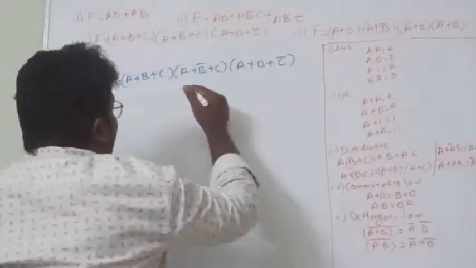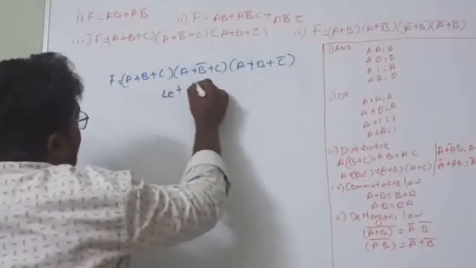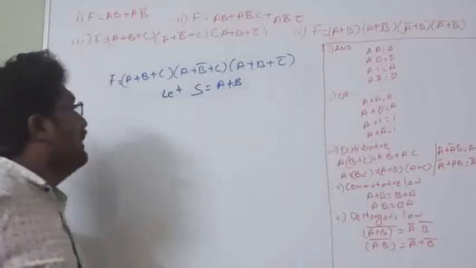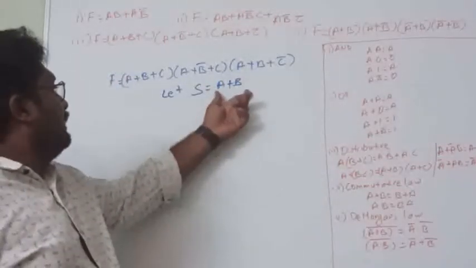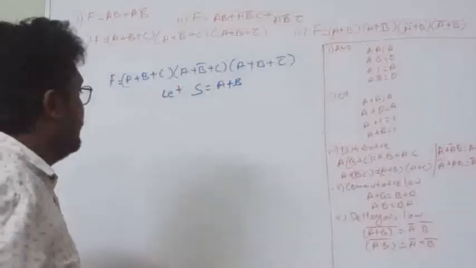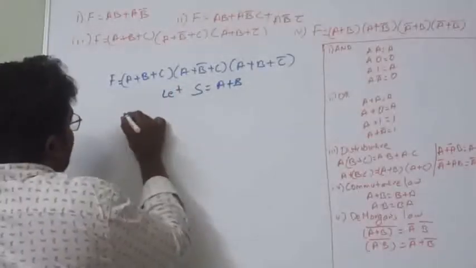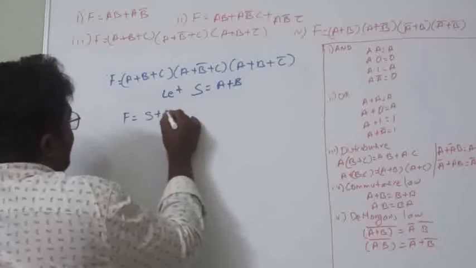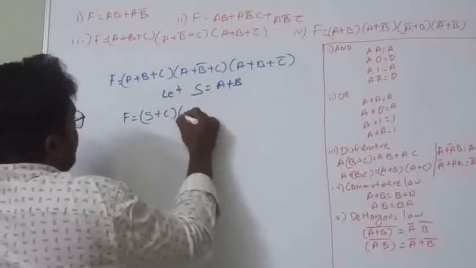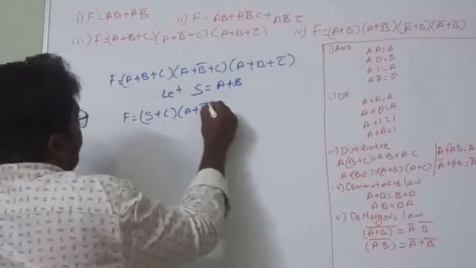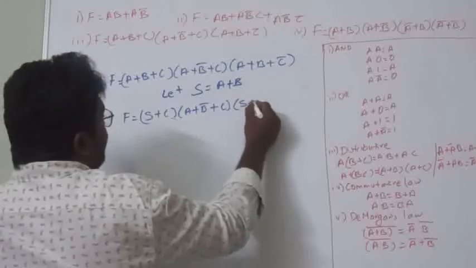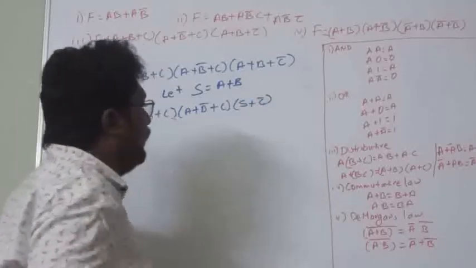So now I am representing this. Let S is equals to A plus B. That is, I am replacing A plus B with S. So the function F will become, F is equals to S plus C, A plus B complement plus C into S plus C bar.